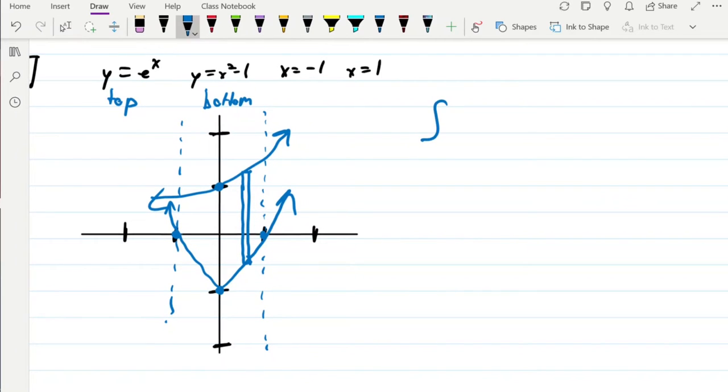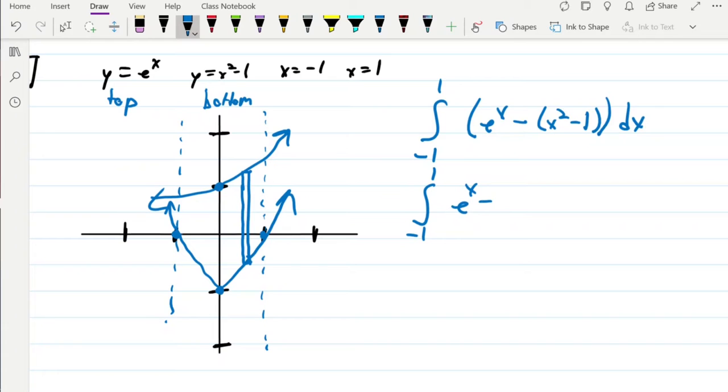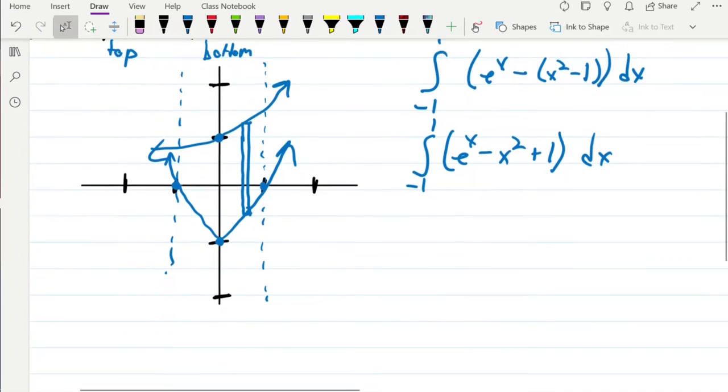So we're going to take the integral from -1 to 1 of e to the x minus (x squared minus 1) dx. We'll distribute that negative sign: e to the x minus x squared plus 1 dx. And then we can integrate.